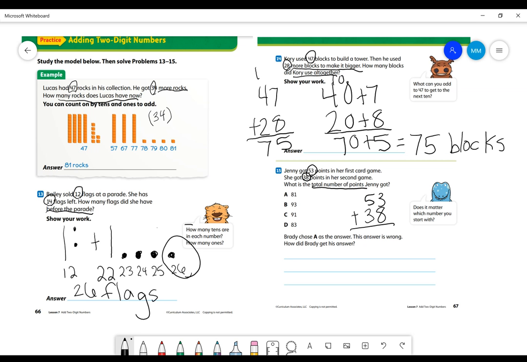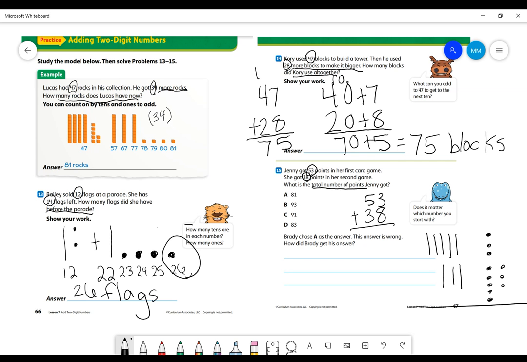So in 53 plus 38, in 53, I have 10, 20, 30, 40, 50, and 3 ones. 1, 2, 3. In 38, I have 10, 20, 30, 3 tens, and 8 ones. 3, 4, 5, 6, 7, 8.